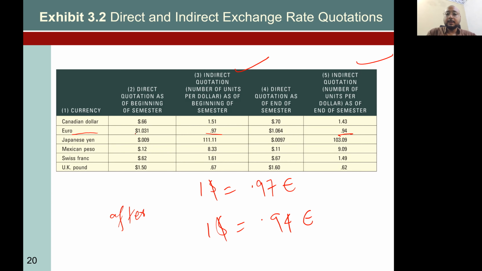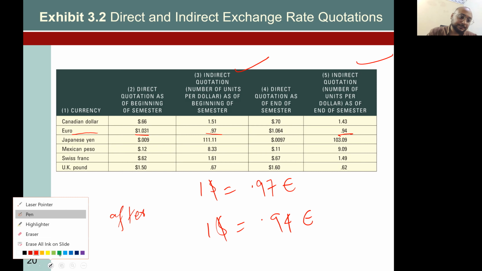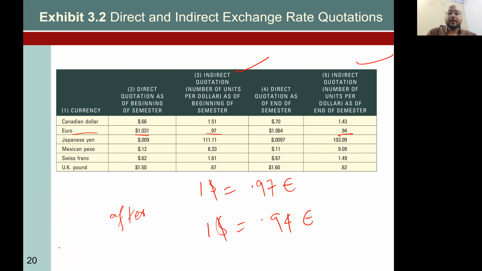If we see the direct quotation here, we can easily say that the euro is appreciating, right? 1.031 and 1.064. It means the euro is appreciating. And here, you see the euro is increasing.